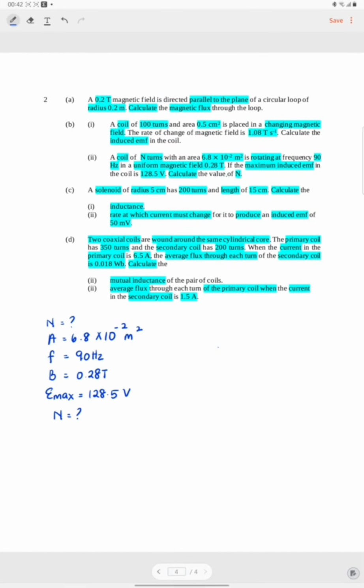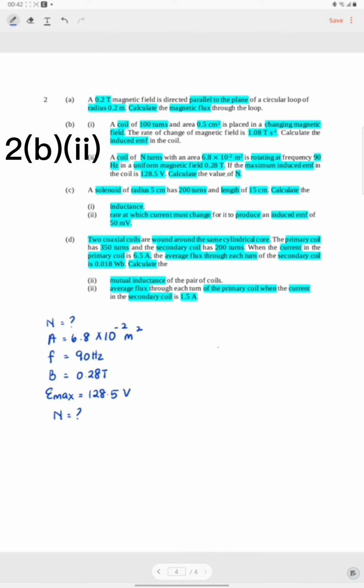Let us continue our discussion with 2B2. When I read this question, it is still about a coil, but the difference from the previous question is that the coil is now rotating with frequency 90 Hz. We don't have the number of turns.